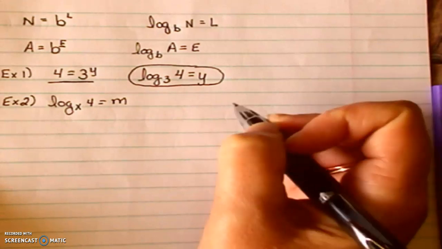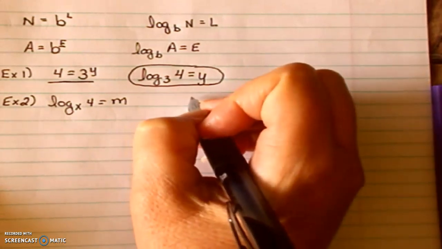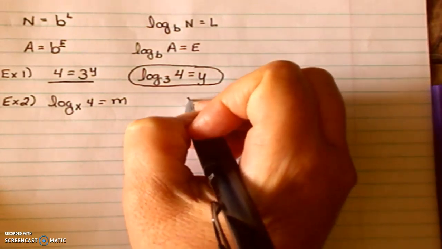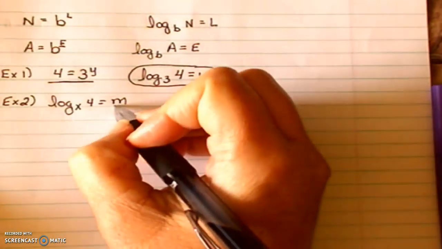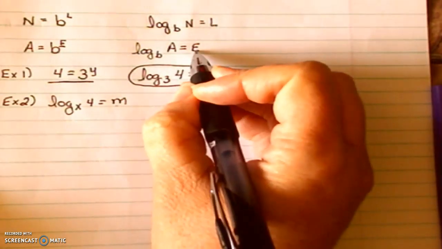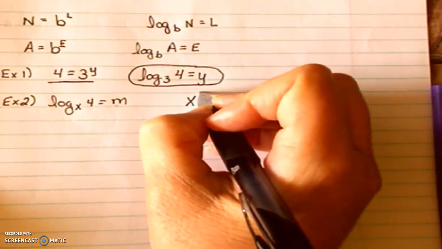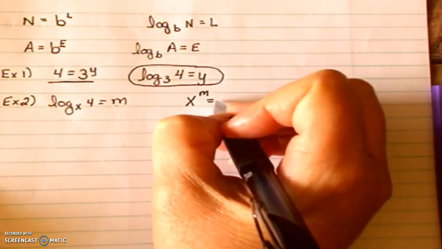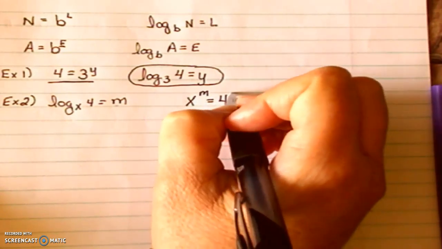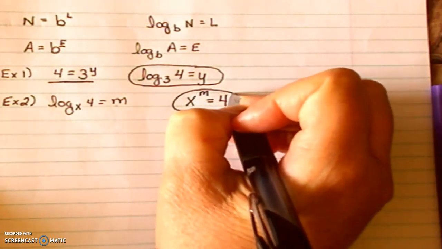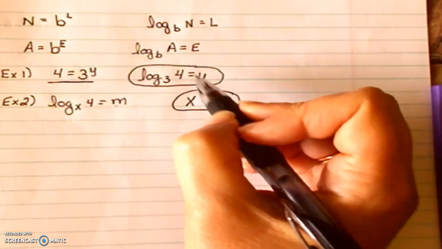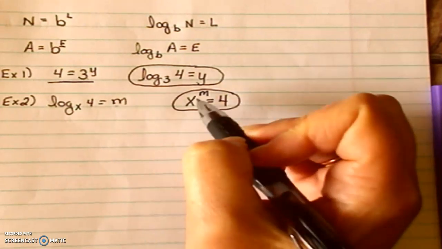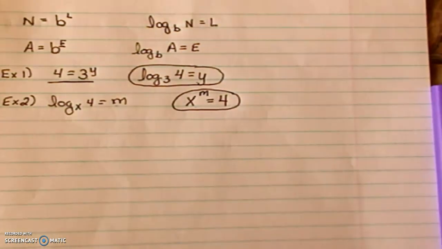If I ask you to change that into exponential format, your base is x, the exponent, if you look over here, your exponent is m, and that is equal to the answer of the argument, which is 4. So you're converting from either exponential into logarithmic or logarithmic into exponential format.